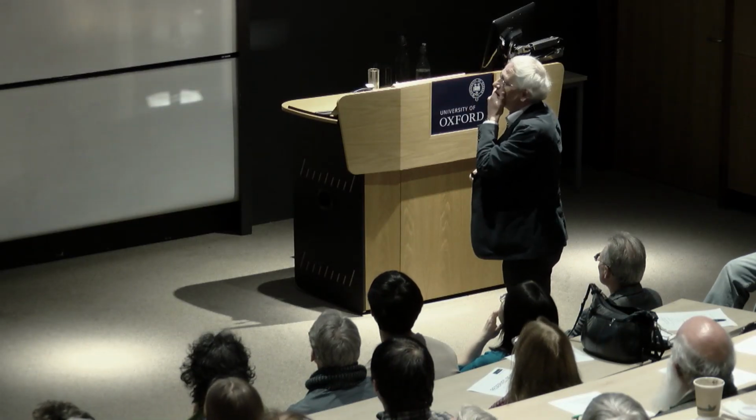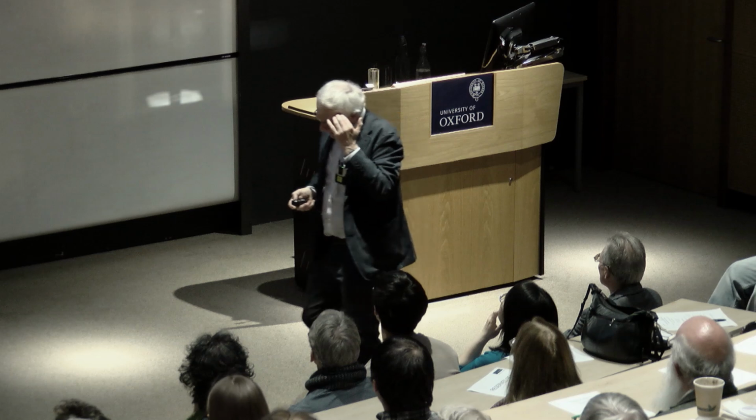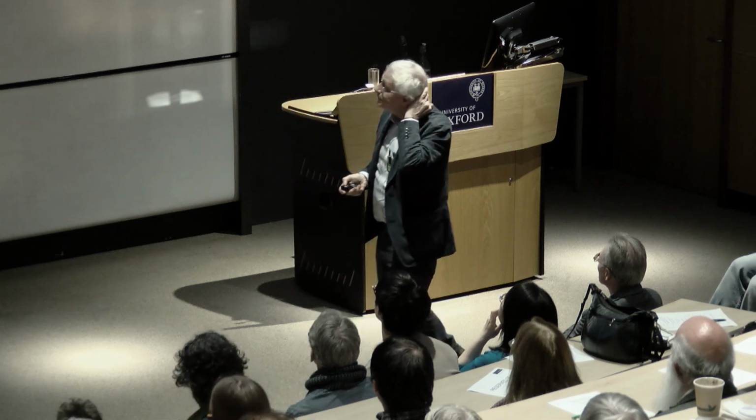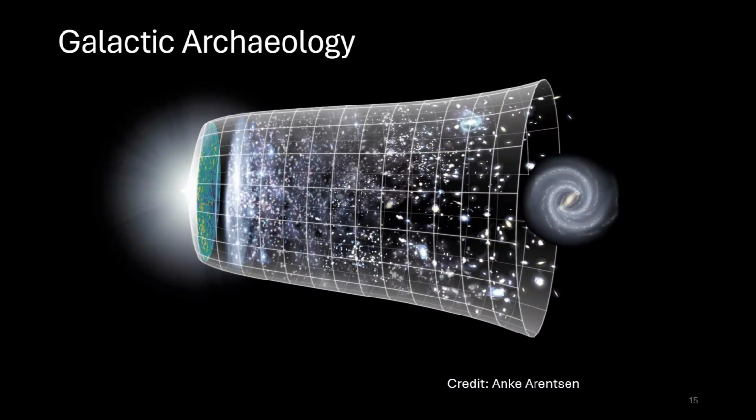Okay, right, so I'm going to talk a little bit about, first of all, galactic archaeology. So I'm going to talk about the Milky Way. The basic idea is that some of the stars in the Milky Way formed a very long time ago, and they haven't gone supernova.